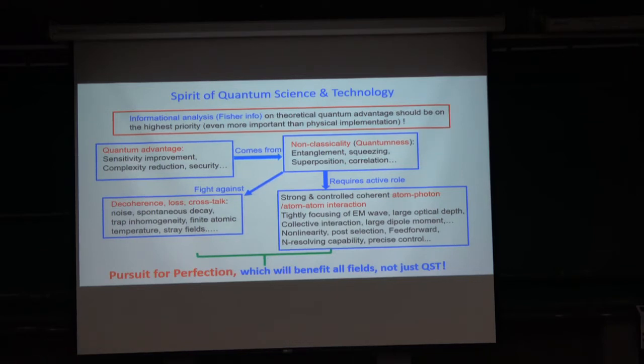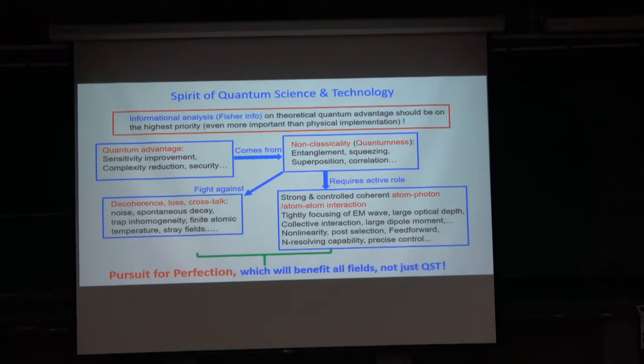And actually, if you look carefully, all this relies on very strong and controllable interactions. They play the active role. For example, you want to focus your EM field tightly onto the atom. And if you use an atomic ensemble, you need high optical depth. And sometimes you want to even use many-body effects, collective interactions.